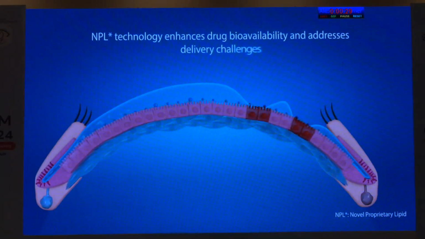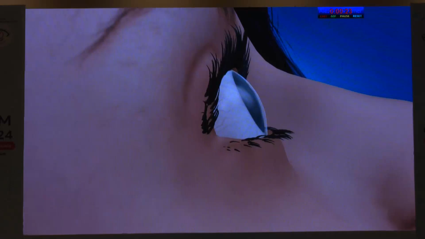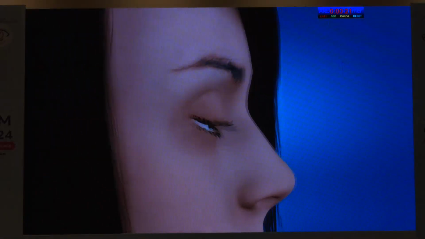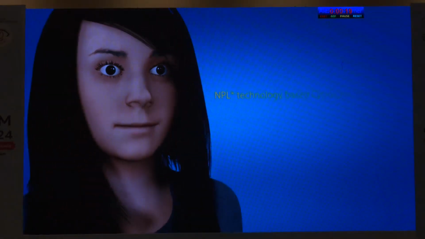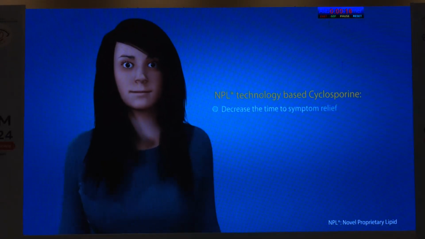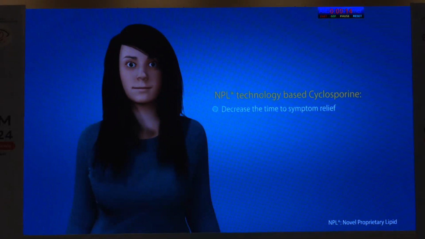Thus, it enhances drug bioavailability and addresses delivery challenges. Aqueous-based cyclosporine with NPL technology may decrease the time to symptom relief, improve tolerability as formulated at pH 7, and improve patient persistence with therapy.